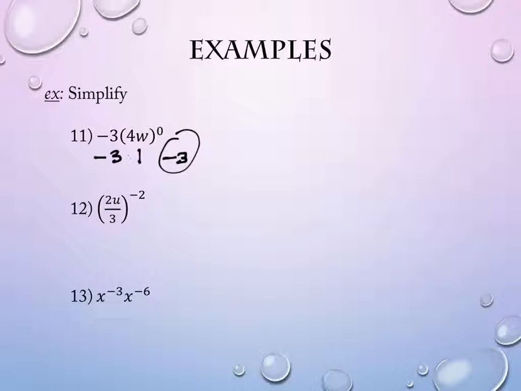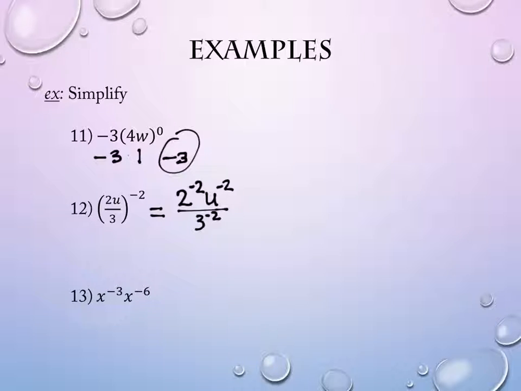Let me do number 12 for you because I'm not sure I saw the right answer on anyone's paper. So I'll do several steps of this. So this is 2 to the -2, u to the -2, and 3 to the -2. Everybody good so far? You're just moving that power into each of the terms. But now I got a whole bunch of negative exponents, right? So what do I do to make negative exponents become positive?